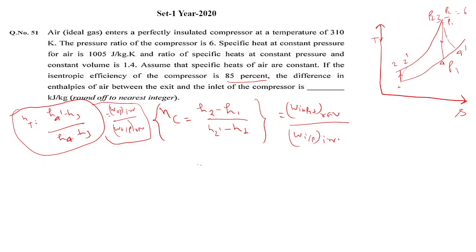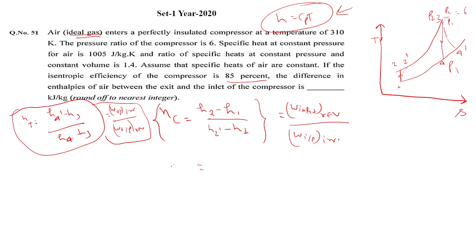This is something you know everything about. I think most of the things you would be knowing here, because it is an ideal gas. So enthalpy would simply be CpT, right? Cp times T2 minus T1, for the enthalpy term I am writing. Whenever H1 comes, the temperature will come accordingly.